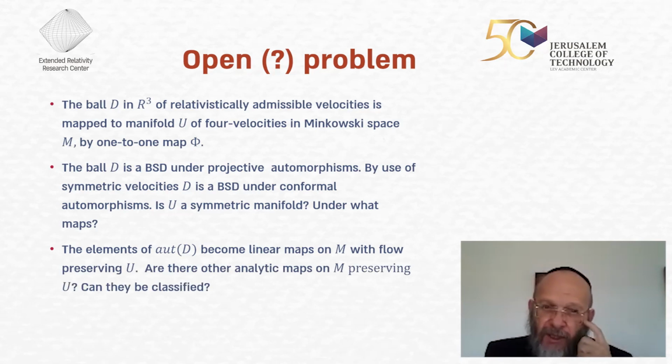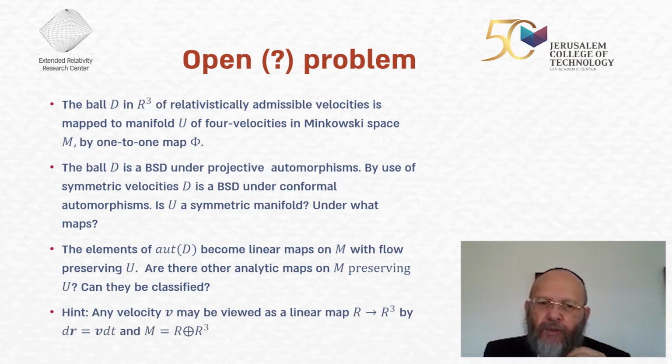The elements of our D became linear maps on M preserving U, or other analytic maps on M preserving U. Can they be classified? We will see later that the linear ones are not enough to describe all the fields. We need also quadratic. So there's a clue that probably the group is larger.